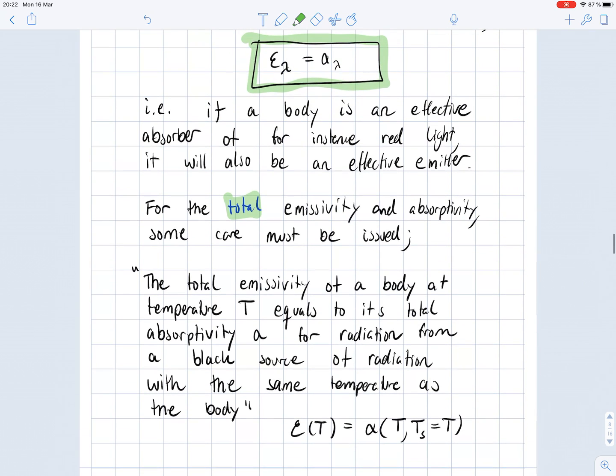So the total emissivity of a body at a temperature T equals the total absorptivity, alpha, from a black source of radiation with the same temperature.